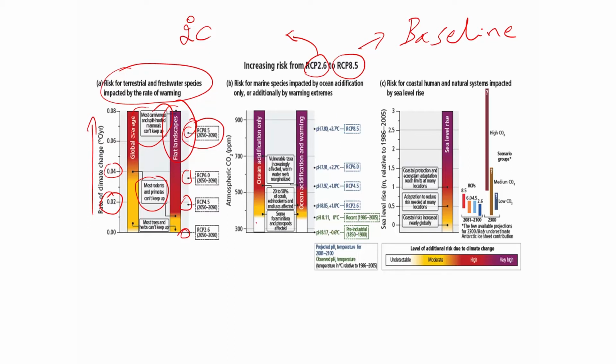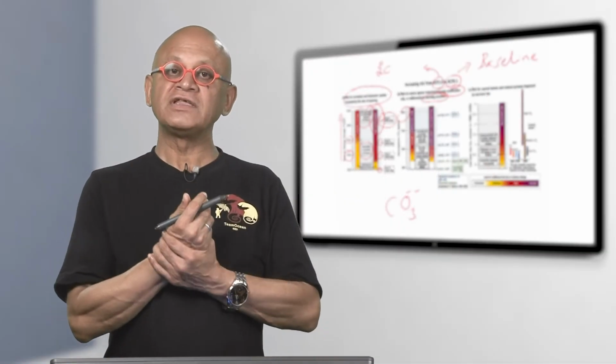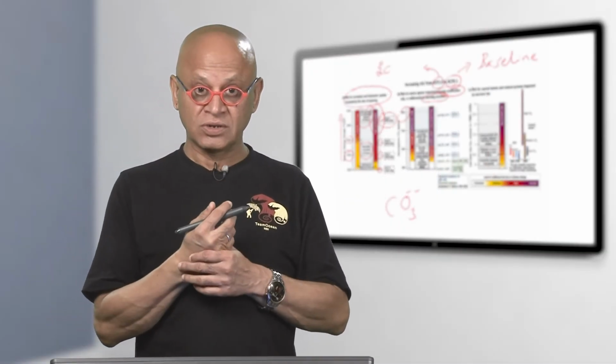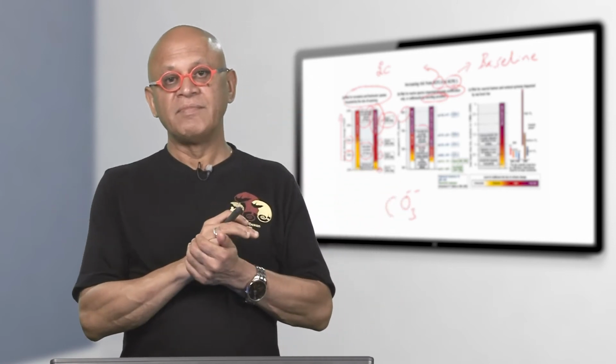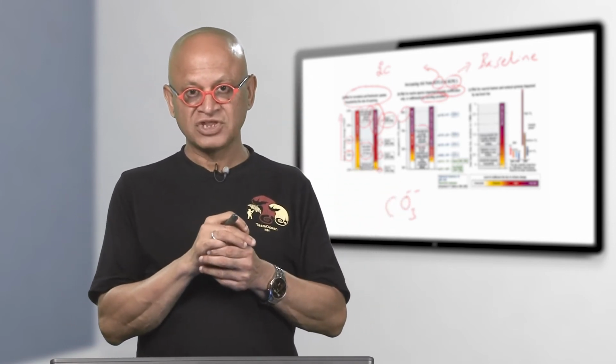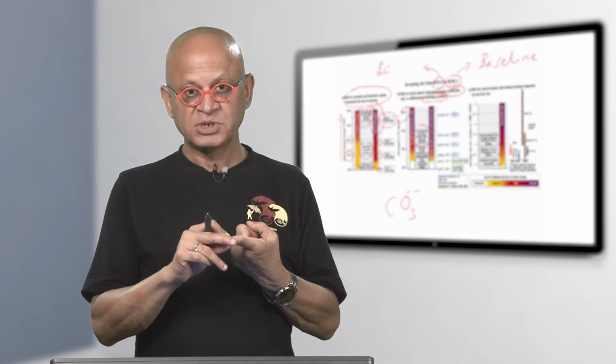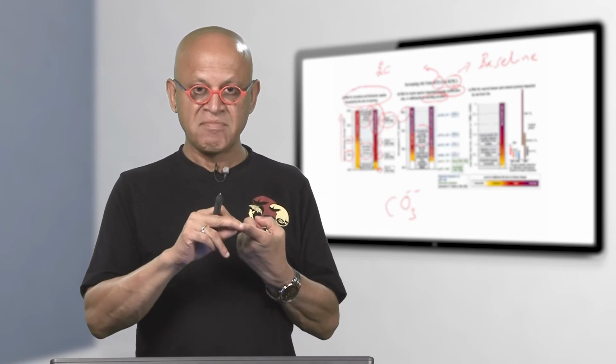So if you consider risks for marine species due to ocean acidification and by warming events. So now we have things like heat waves in the ocean. We only talk about heat waves on the land, but now we have examples of massive heat waves in the ocean in the North Pacific, which had huge impacts on fish and mammals.